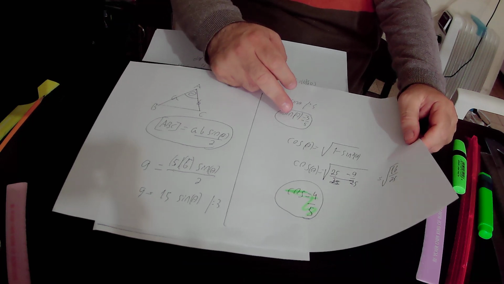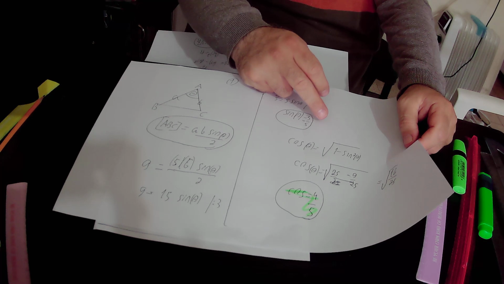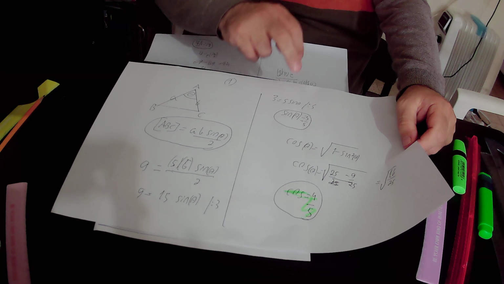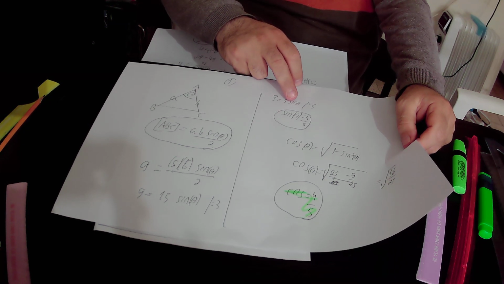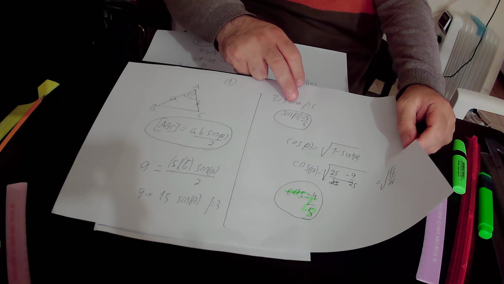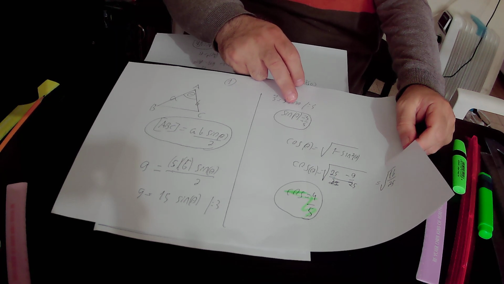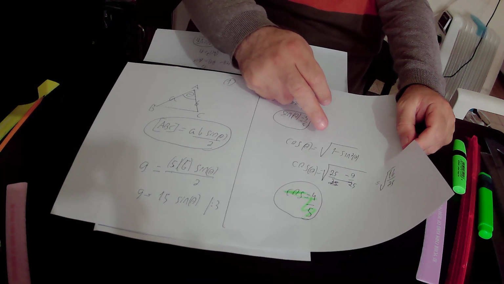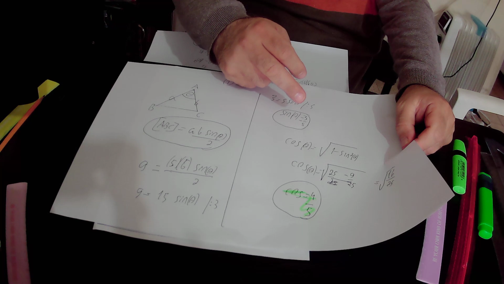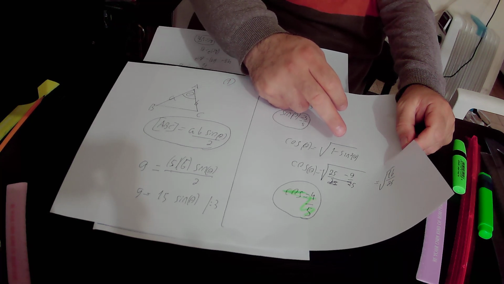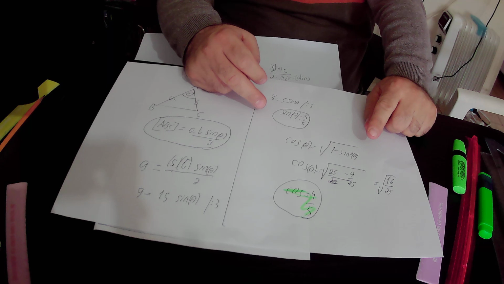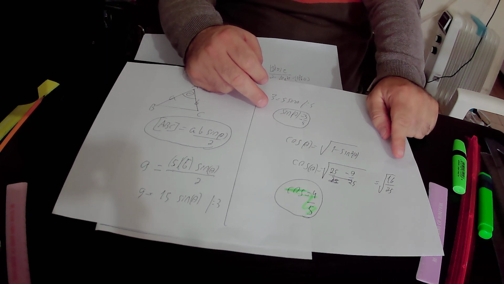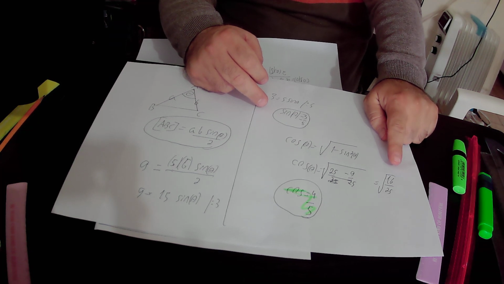Then we have the trigonometric identity that cosine theta equals the square root of 1 minus sine squared theta. If sine theta equals 3/5, then sine squared theta equals 3/5 squared, that is 9 over 25. So cosine theta equals the square root of 1, but 1 is 25 over 25, minus 9 over 25, which is 16 over 25.